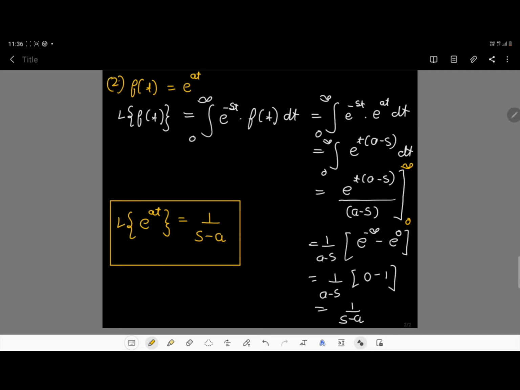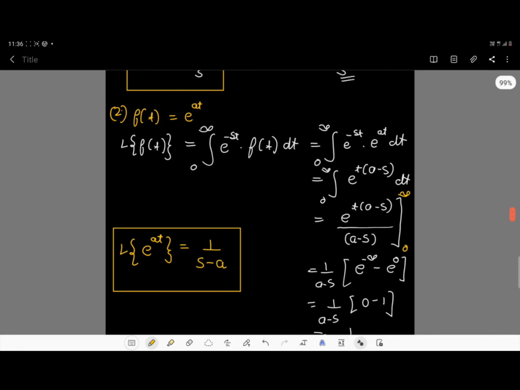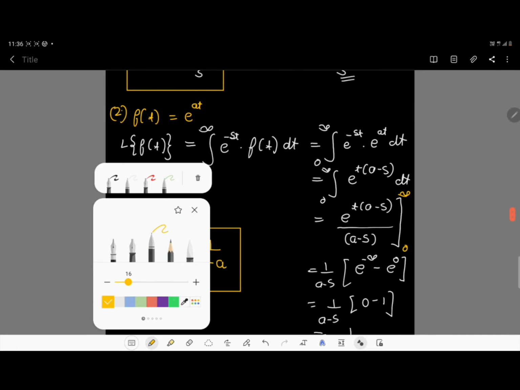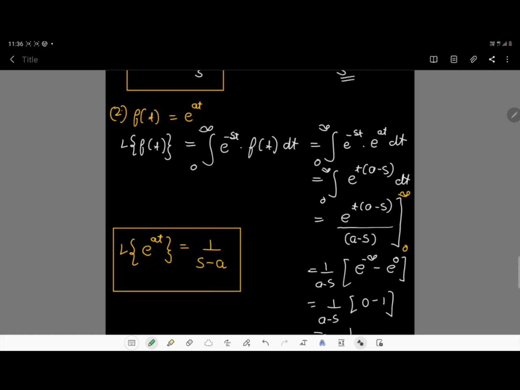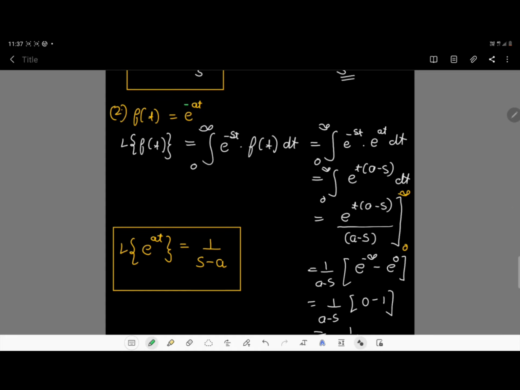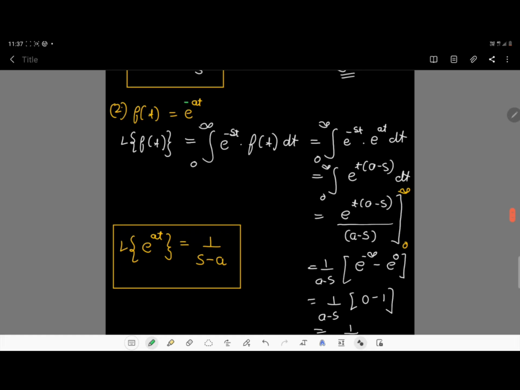So in a similar way, if in the question he could have given e raised to power minus at, suppose he could have given this. So now similarly, instead of a it would be minus a everywhere.